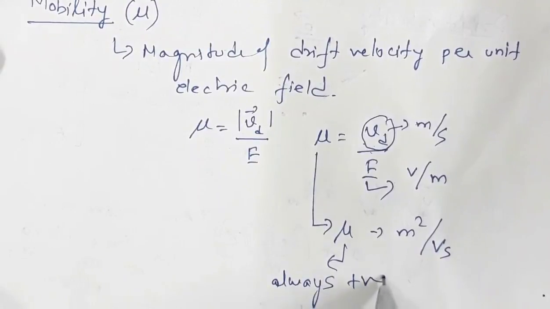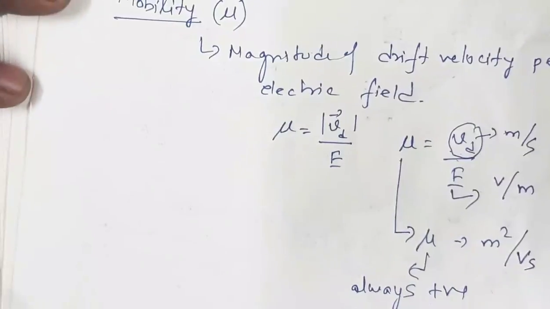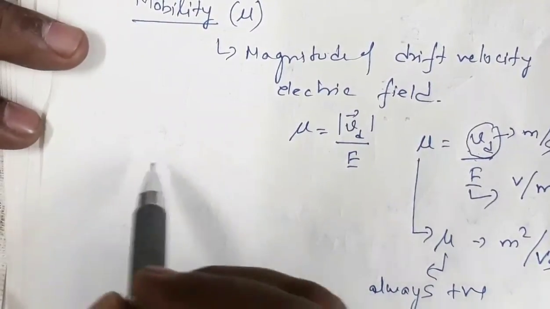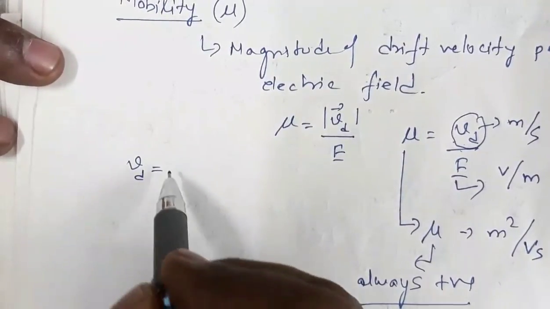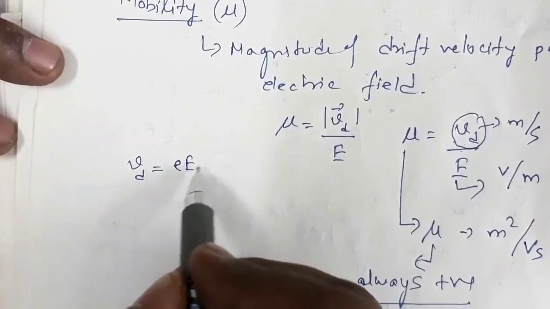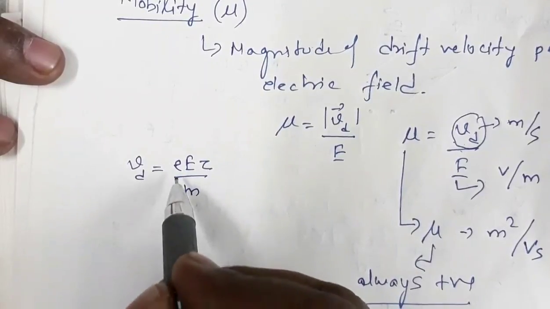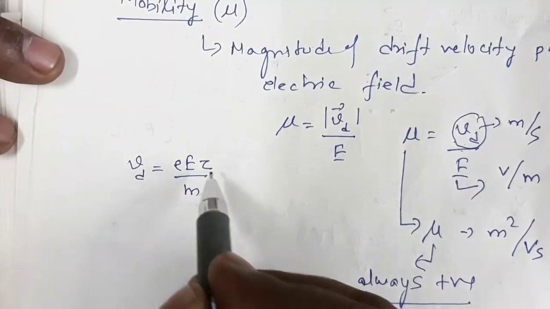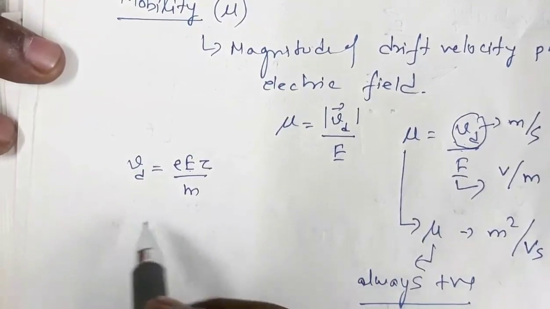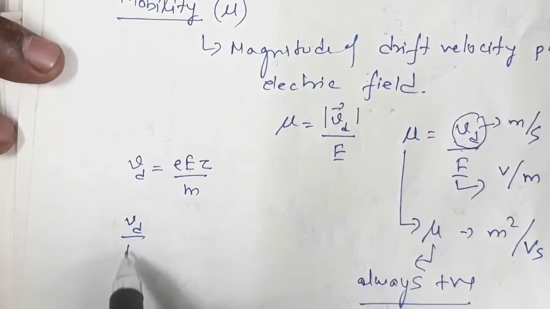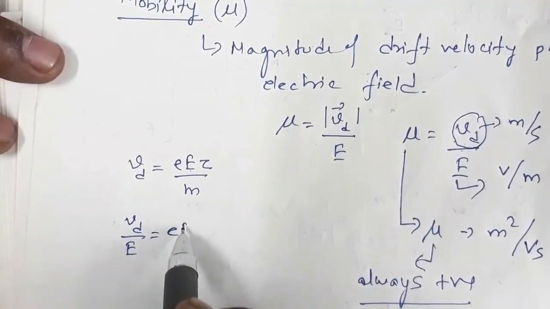Now see this, for the expression for drift velocity we had the magnitude of drift velocity V_d is equal to eE tau by m, with e the charge of the electron, E the strength of the electric field, tau the average relaxation time, divided by the mass of the electron. So I can write V_d by E as e tau by m.